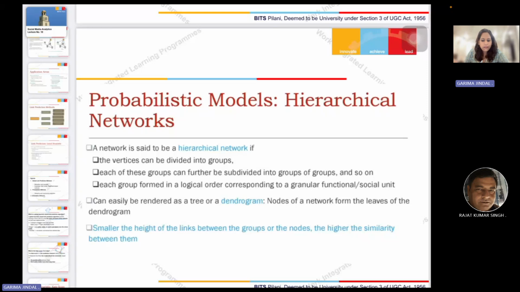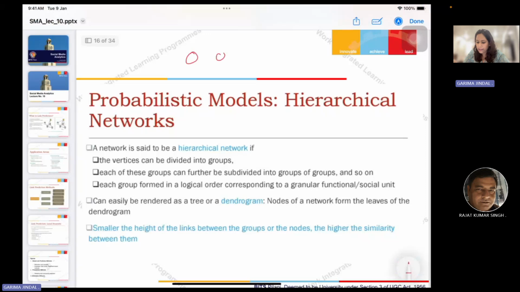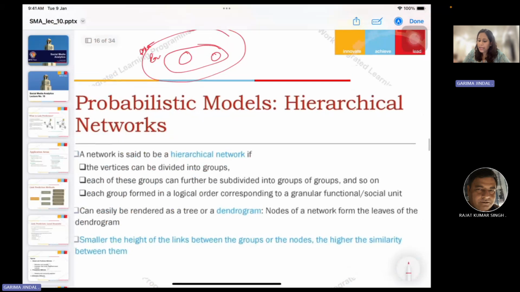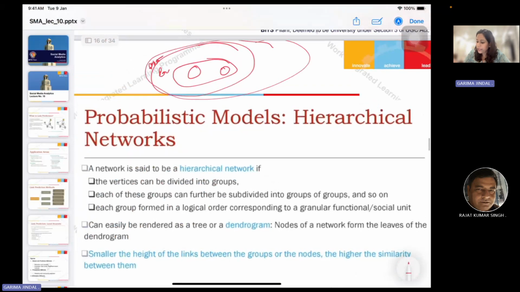Another example is, in a college, we have different classes. These different classes or sections can be divided into branches. Then branches can further be divided into departments, and then departments can be divided into colleges. There can be different colleges and so on.